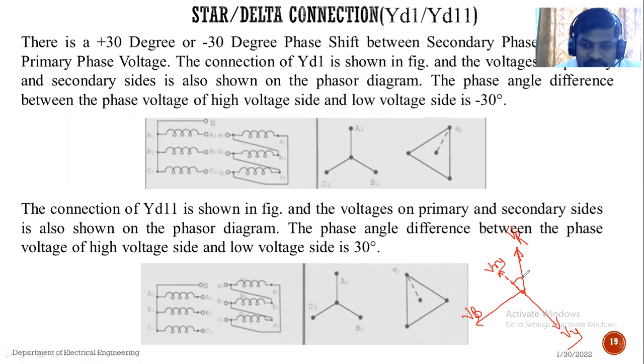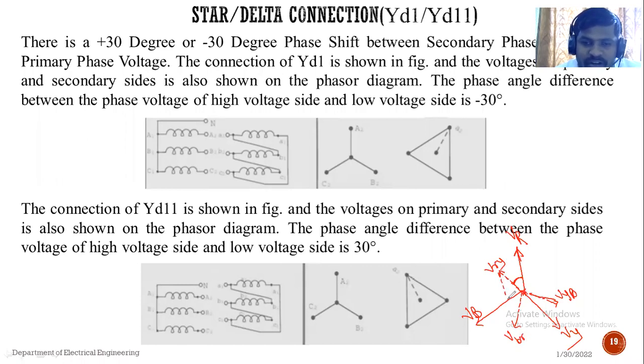VRY leads VR by an angle of 30 degrees. Similarly, VYB is also leading, and VBR is also leading.